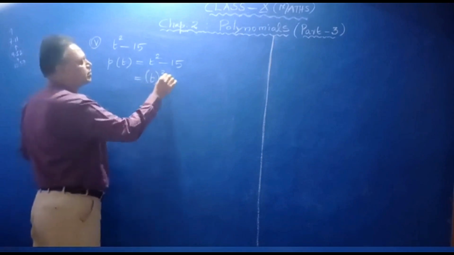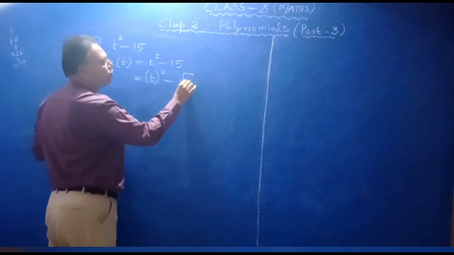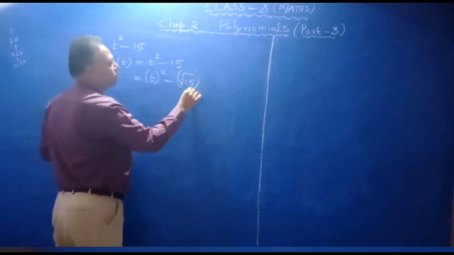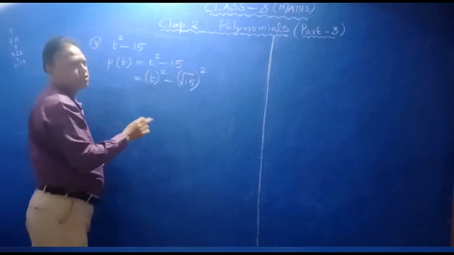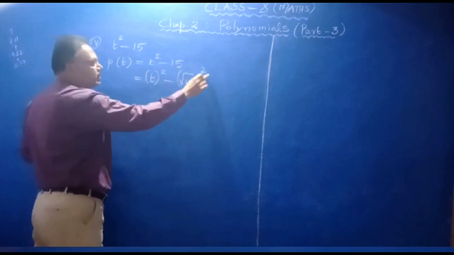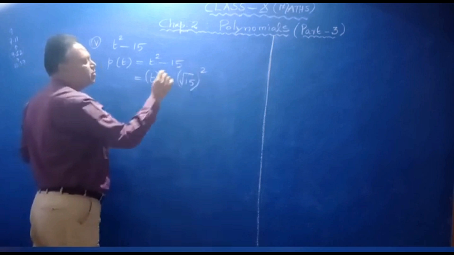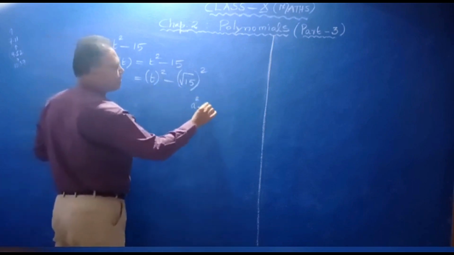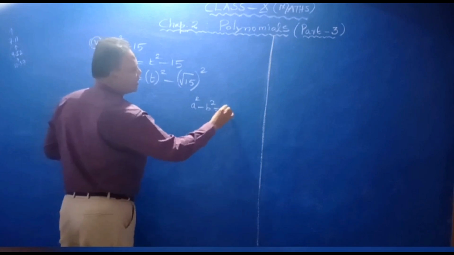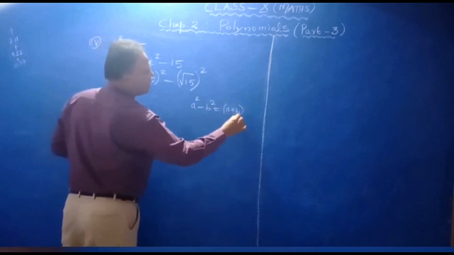Clear? So for that, a squared minus the whole square of root 15 you put. When you take root 15 squared, you will get 15. So this 15 can be written as root 15 the whole squared. Now you are getting the form a squared minus b squared, which is a plus b into a minus b.